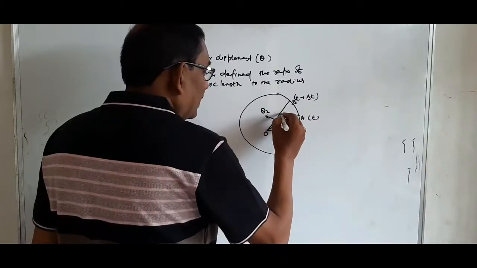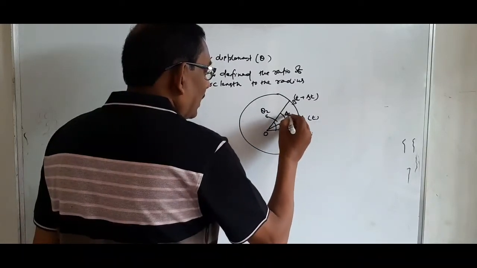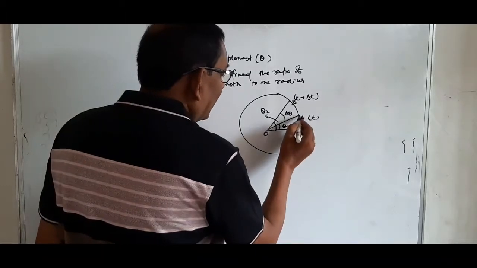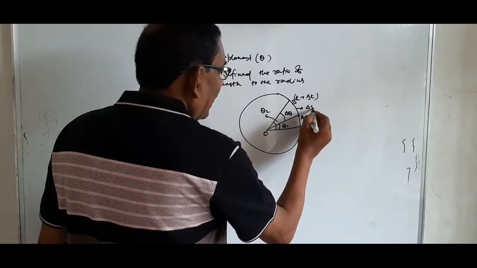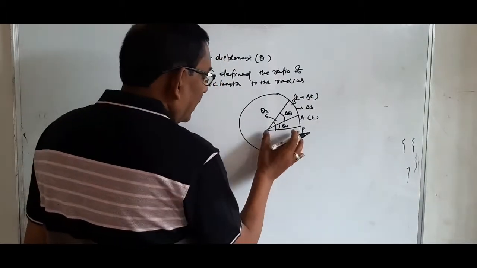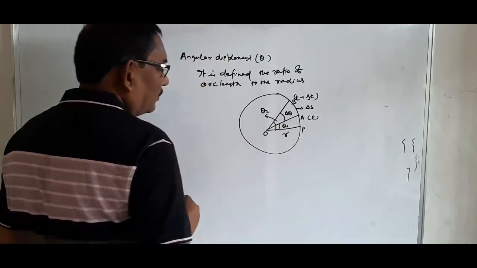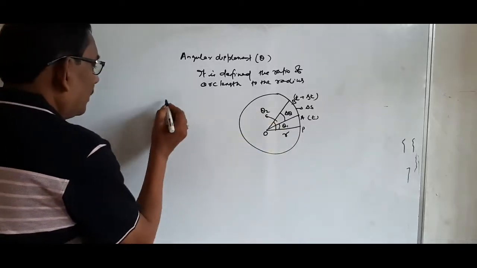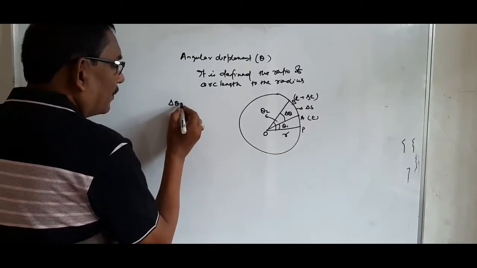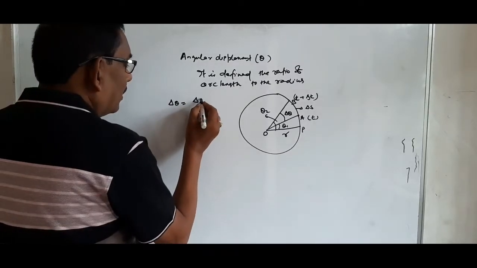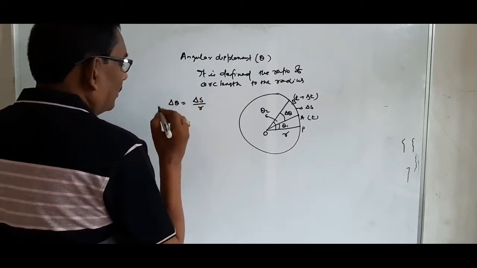Okay, this difference is delta theta, and the arc length from A to B is delta S. The radius vector is r. So here the angular displacement delta theta equals arc length by r.